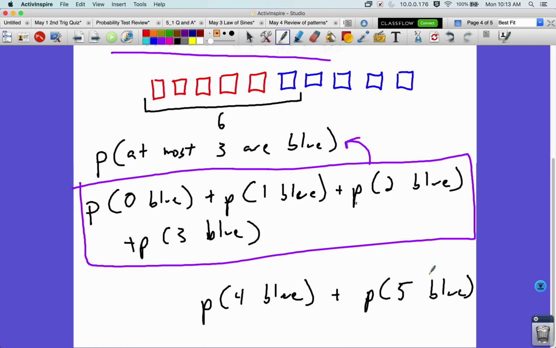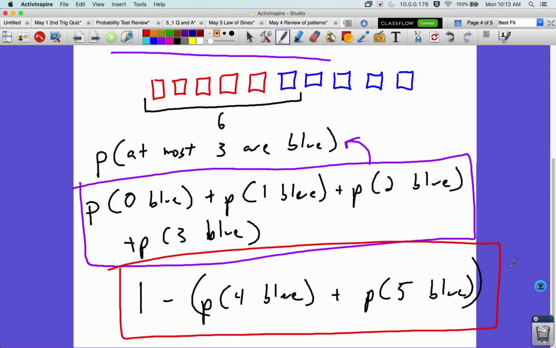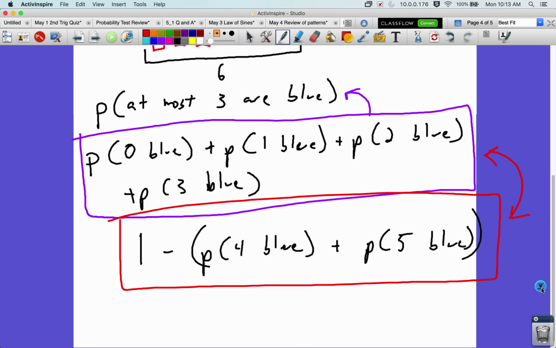We can get between 0 and 5 blue. So if all of this together adds up to 1, then if I just do 1 minus these, that should be the same as this. These are equivalent. So you can either calculate these 4 probabilities or just calculate these 2 probabilities and subtract from 1. And this is going to be a little bit faster.